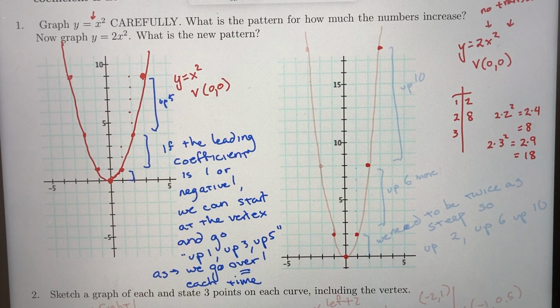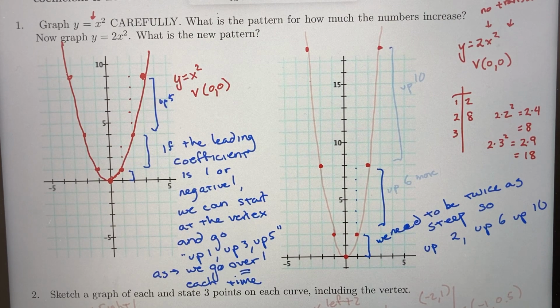So how much are we going up as we go? Instead of up 1, up 3, up 5, we need to go up 2, then up 1, 2, 3, 4, 5, 6, twice 3, and then twice 5.